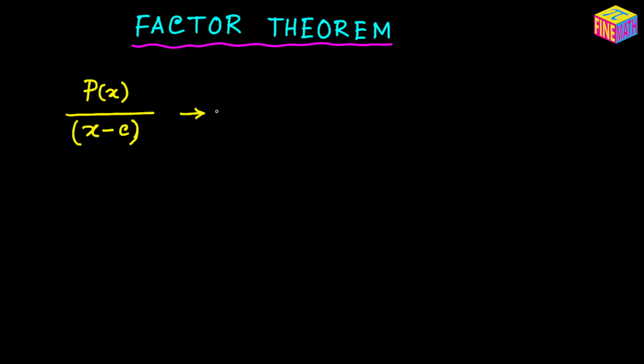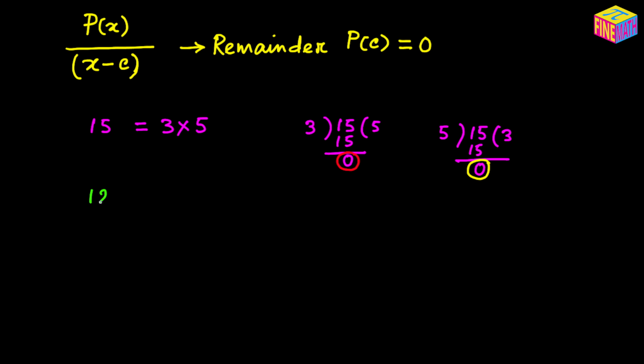Now let's take another example. Suppose we take 12. If we do prime factorization, it would be 2 times 2 times 3. So if we divide 12 by one of its factors, let's say 2, 2 goes 6 times into 12. That leaves no remainder, that means 0 remainder.